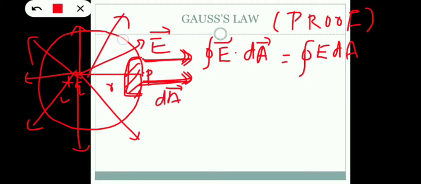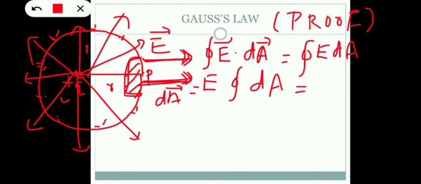Why? Because all the points on the sphere are equidistant from the positive charge. So the electric field intensity at any point on the sphere will be constant, and we can take it outside the integral sign. So you get E into closed integral dA.